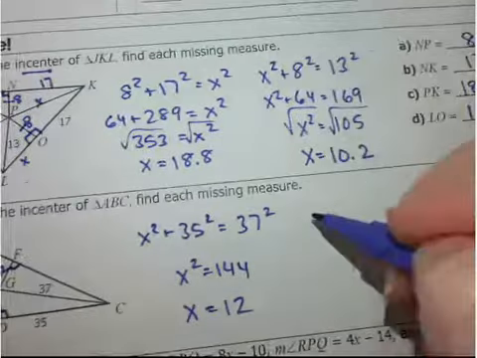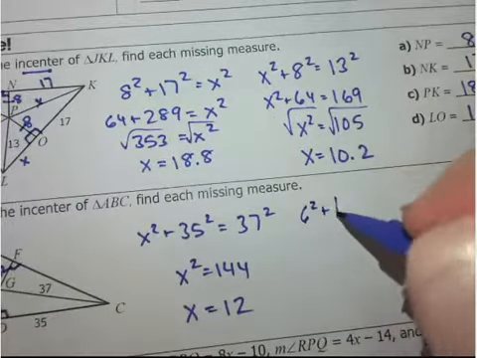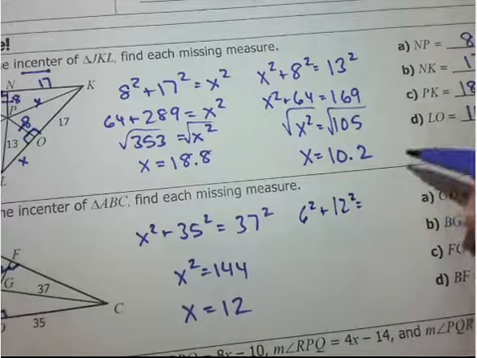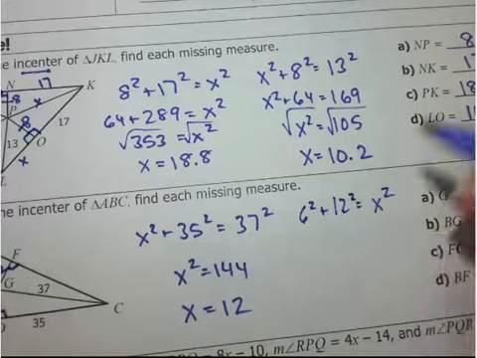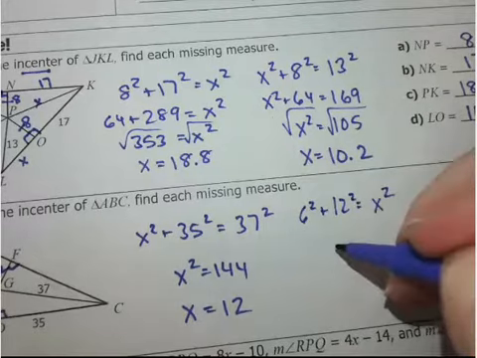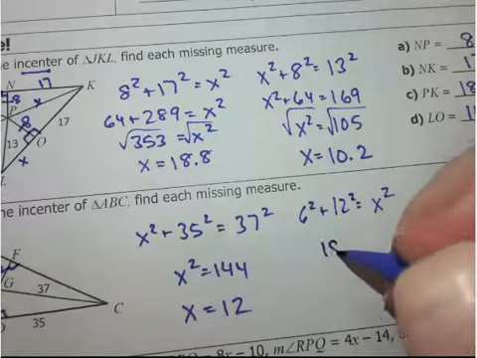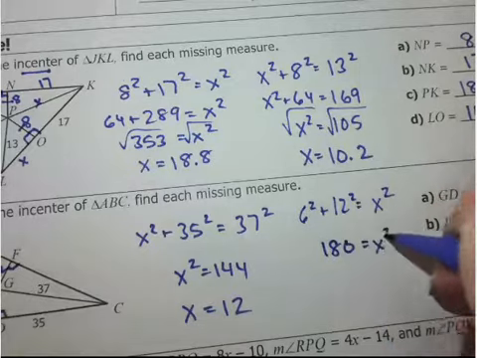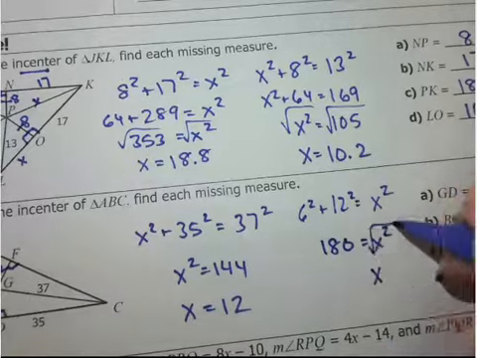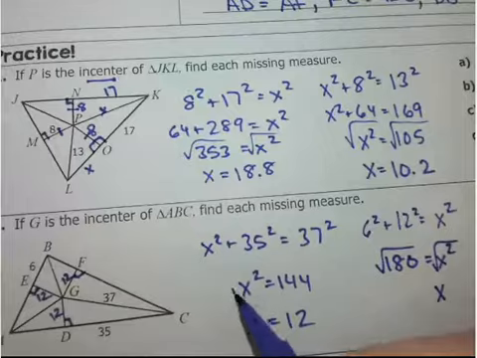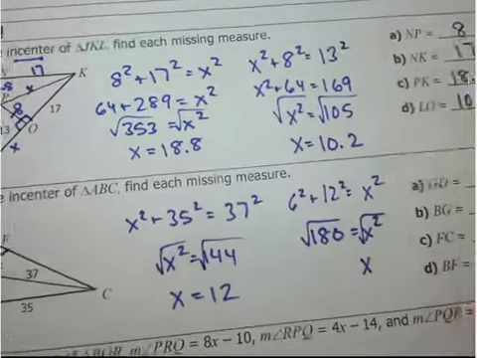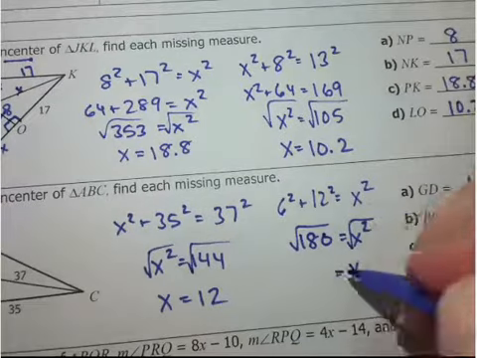So I've got 6 squared plus 12 squared is equal to x squared. That ends up being 180 is equal to x squared, so square root of both sides. x is equal to 13.4.